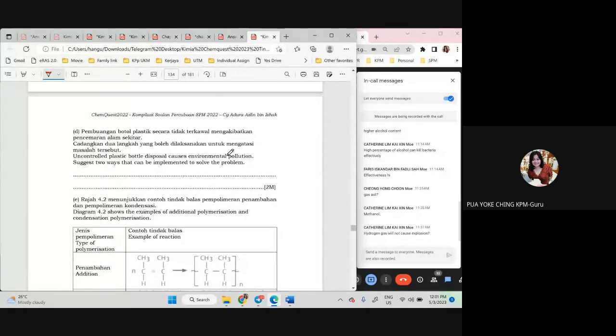Then how to solve. Okay, yang tadi is you get environmental pollution. And this one is 2 ways to solve. So untuk polymer, untuk rubber is always reduce, recycle, and reuse. 3 ni is under 1. You jangan ingat reduce 1, recycle 1, reuse 1. No. 3 ni is 1. Okay. And then what else that you can do?